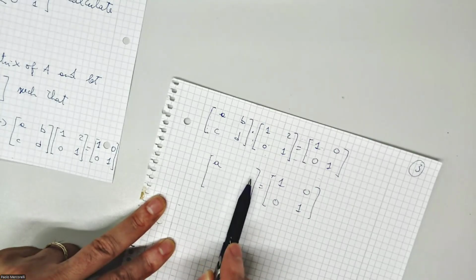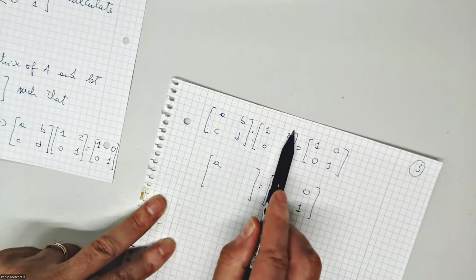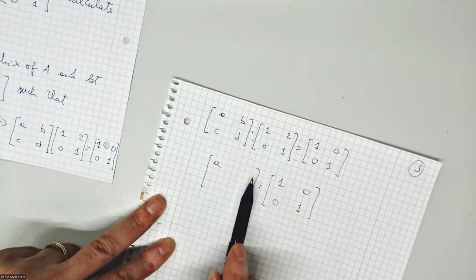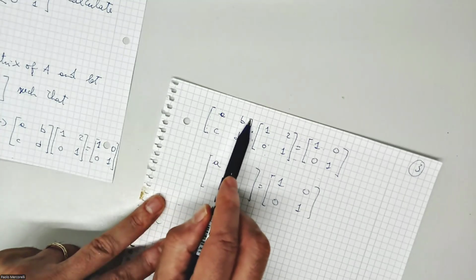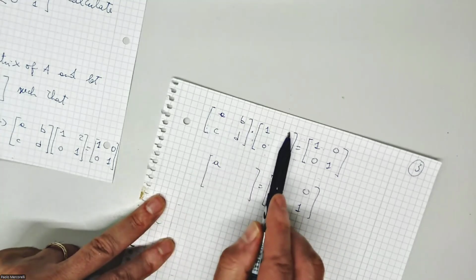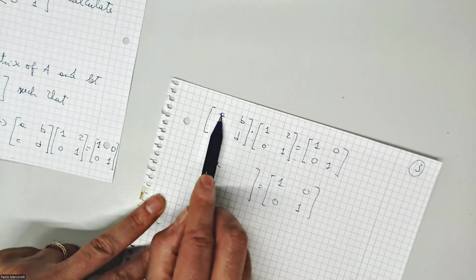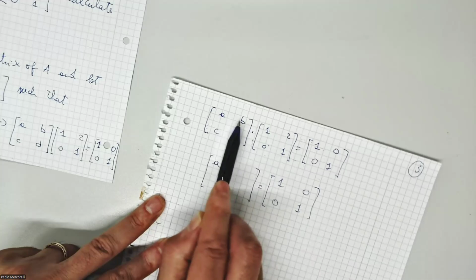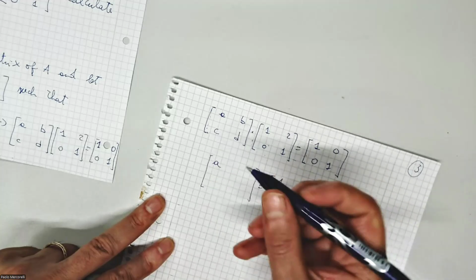What about this element here? The same row multiply the second column. I told you before, this element is the element 1,2, first row, second column, which is generated in accordance with the definition of the product between the first row and the second column. This means a multiply 2 plus b multiply 1.